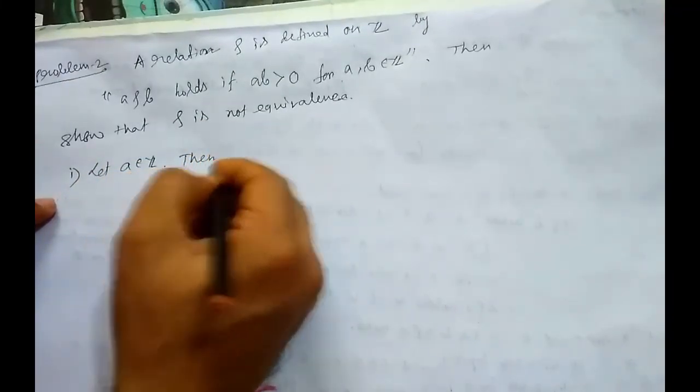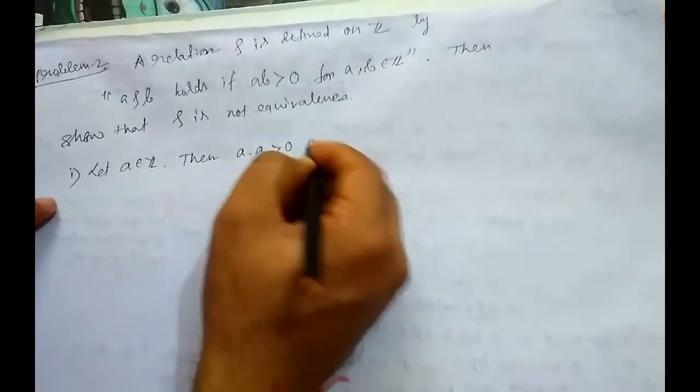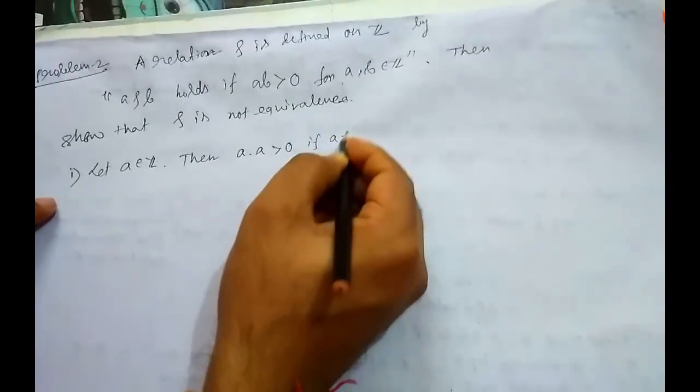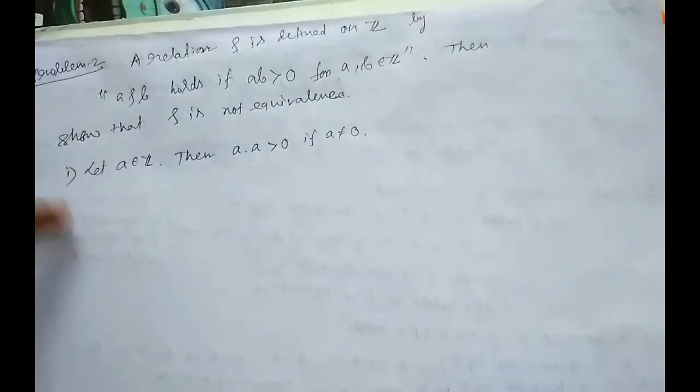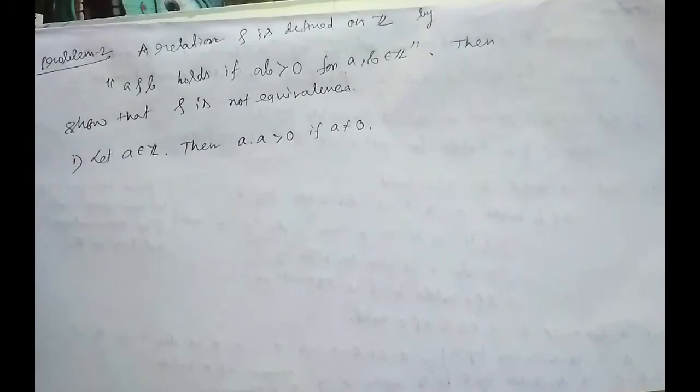Let a belong to Z. Then a dot a is greater than 0 if a is not equal to 0. That means if a is 0, then 0 times 0 is equal to 0.